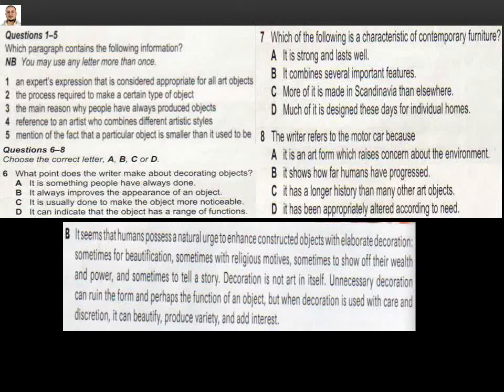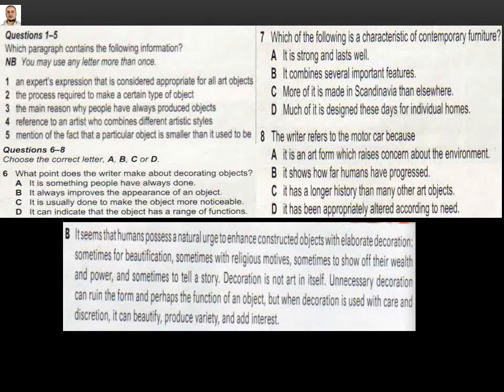Decorating is not art in itself. Unnecessary decoration can ruin the form and perhaps the function of an object. But when decoration is used with care and discretion, it can beautify, produce variety, and add interest.